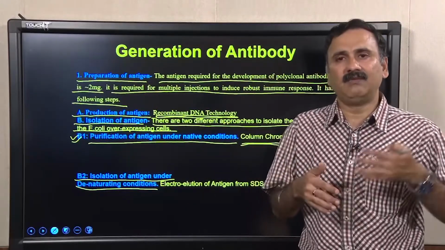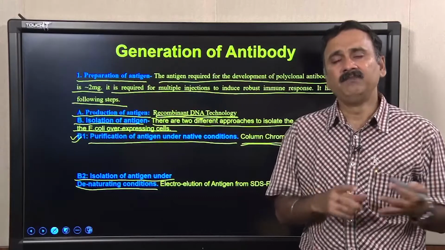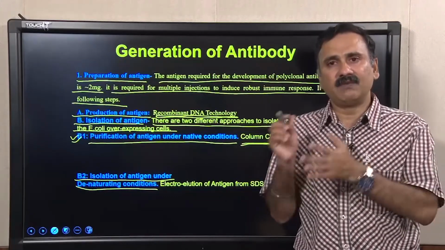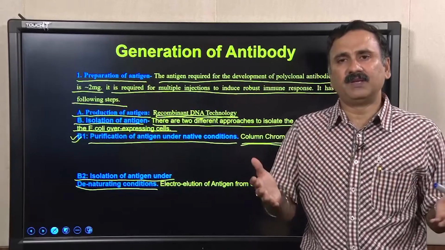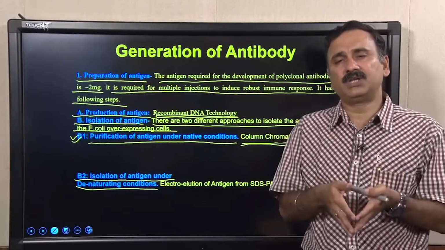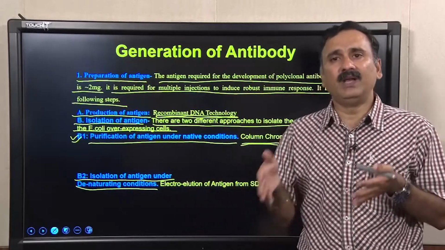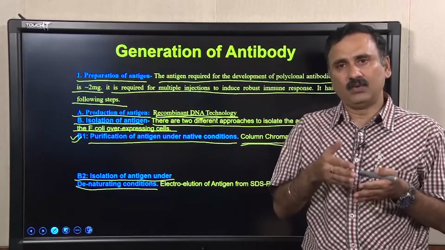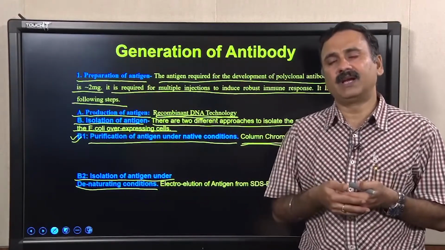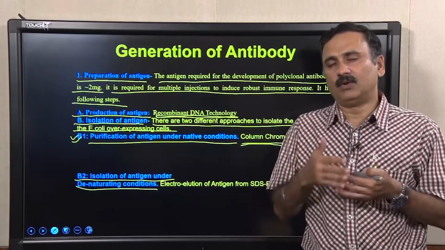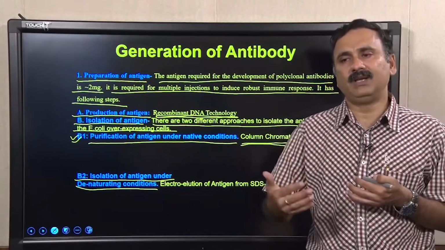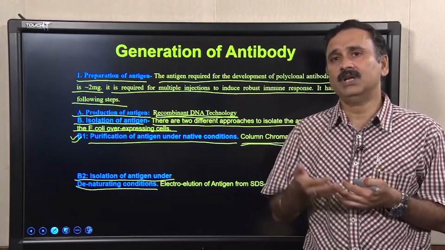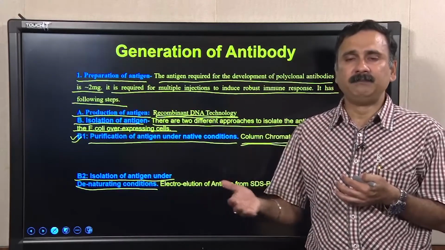For example, I think we have discussed in the previous lecture that even if you use conventional chromatography, you might lose more than 50% of the protein. So, if your protein production in the E. coli cells is very low and you are using conventional chromatography techniques, the overall yield is going to be so low that you will not get enough quantity of the antigen to immunize the animals.